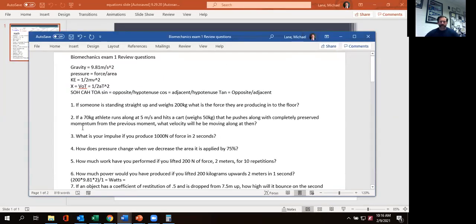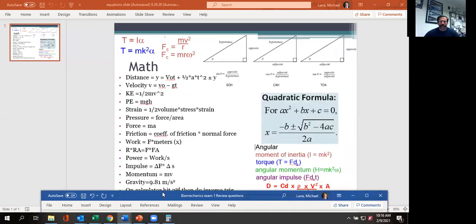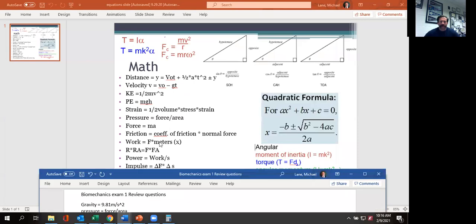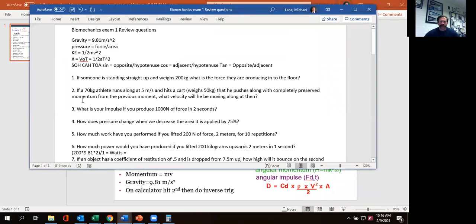Okay, so now this right here, guys, this is a momentum formula. So this is going to be simply the mass multiplied by the velocity. So an athlete runs along at 5 meters per second and hits a cart, okay, that he pushes along with completely preserved momentum.